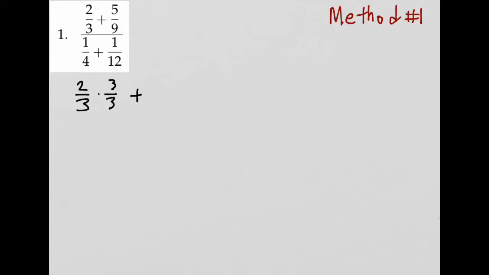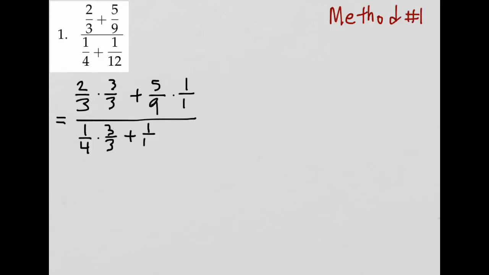Plus 5 over 9 times 1 over 1, divided by, the least common denominator of 4 and 12 is 12. So how do I write 1 over 4 as a fraction over 12? I have to multiply it by 3 over 3, plus 1 over 12 times 1 over 1.